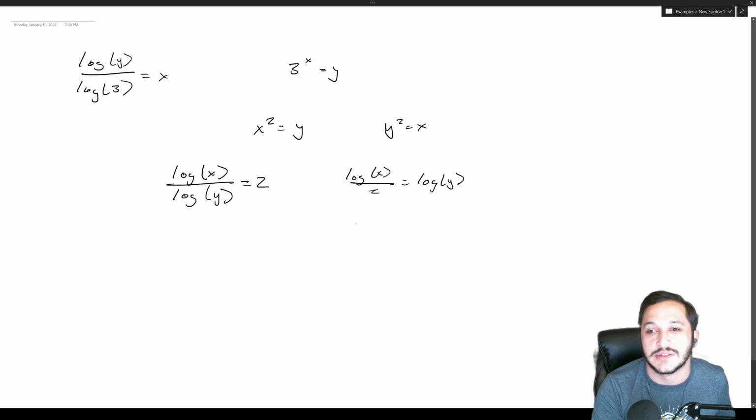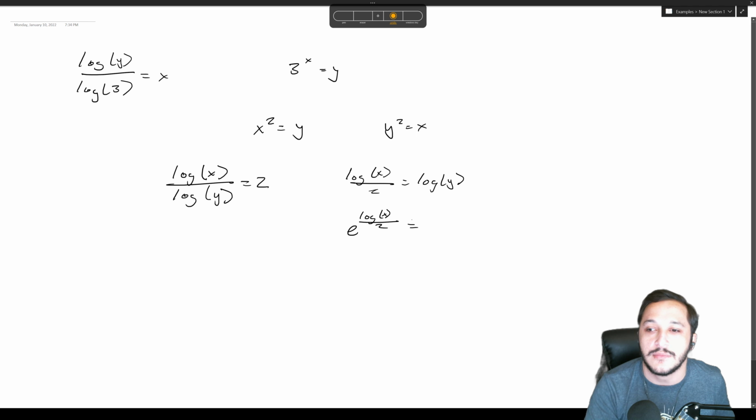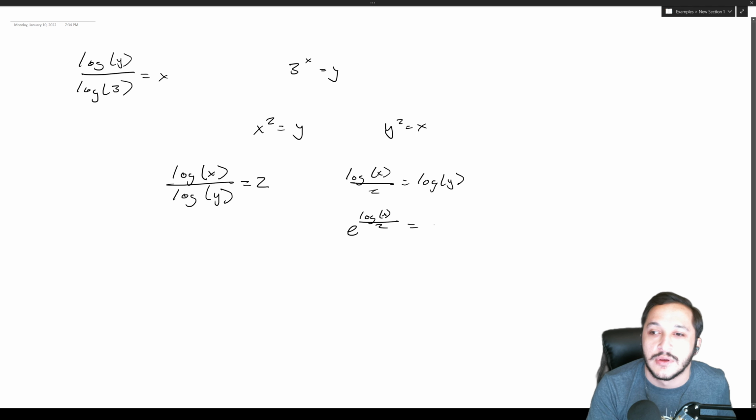And then using Euler's constant, taking each of these to the power, taking Euler's constant to the power of each of these terms, we can kind of free this y up, where you have e to the natural logarithm of x over 2 equals y.